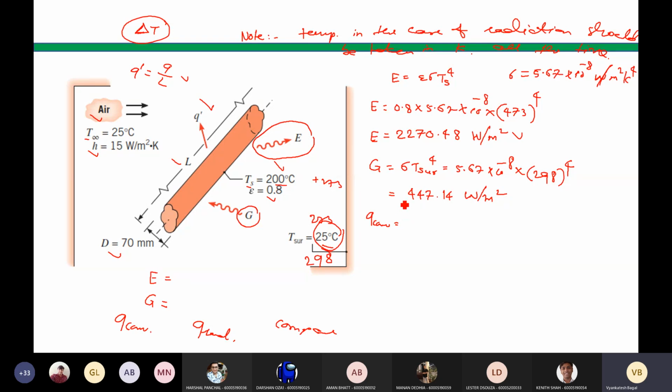So I will find out Q convection. We know this is given by h A (Ts minus T infinity), correct? And how do you find out Q radiation, the heat transfer due to radiation?